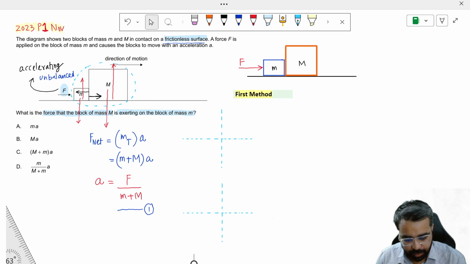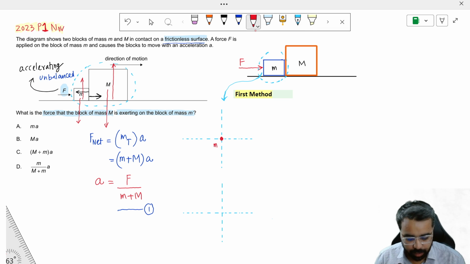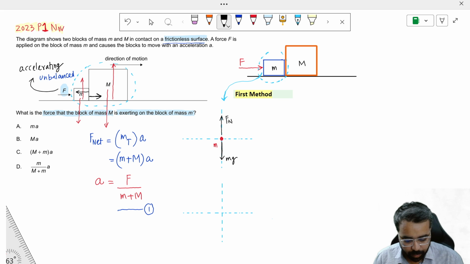So if you see in this diagram, I'm going to draw the free body diagram of this mass over here. So we are going to suppose that this is the smaller mass, and how many forces are exerted on it? As I already told you, this is a normal force which is balanced by the weight, so mg. All right.